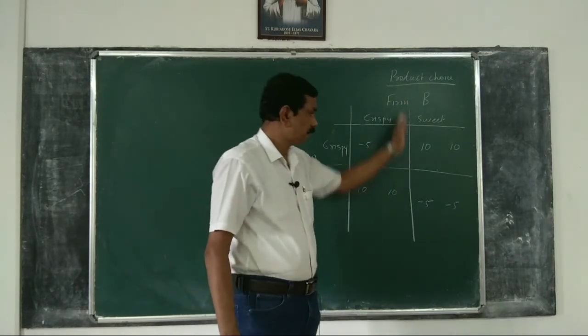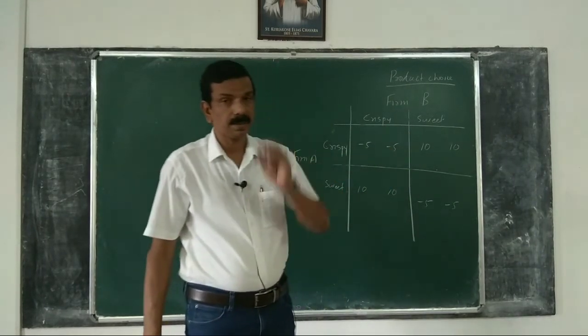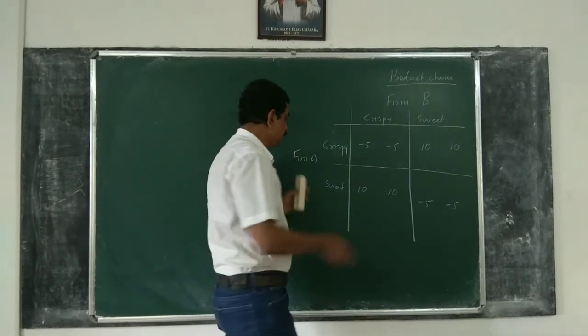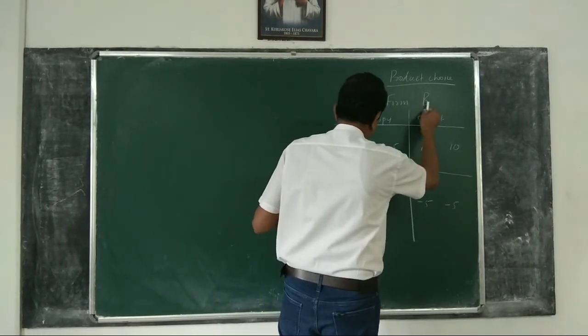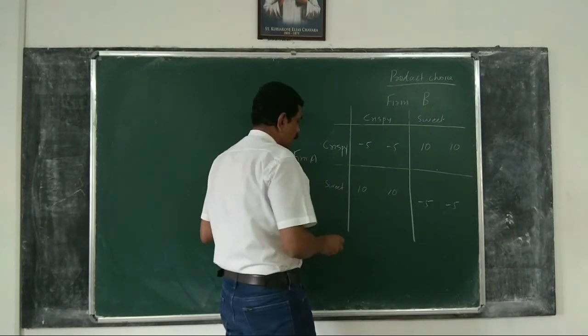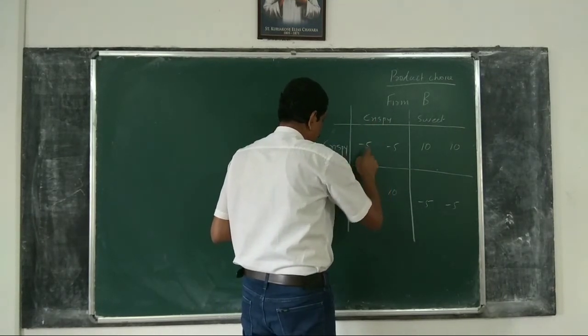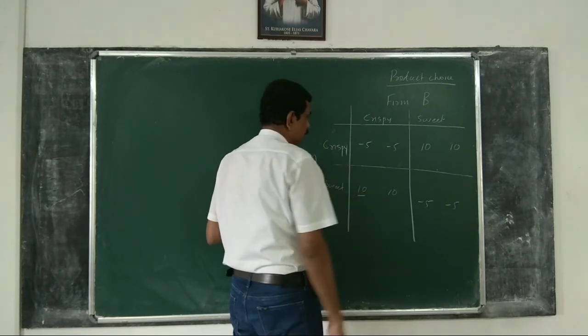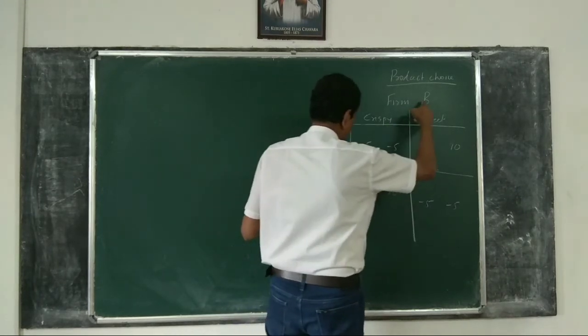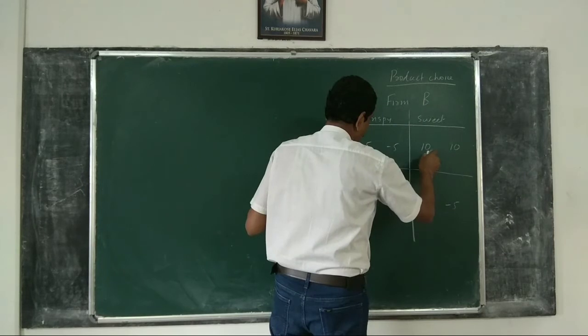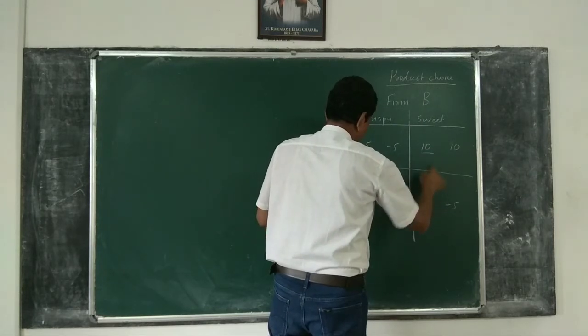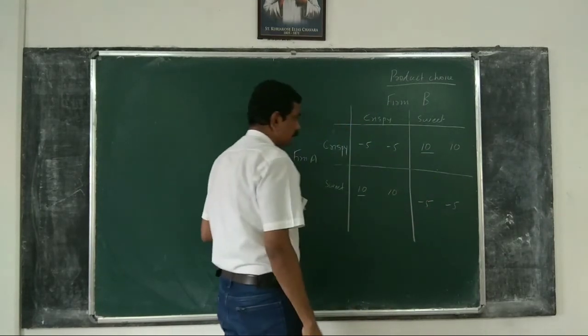Now let us see what is the equilibrium here. If A assumes that B will introduce crispy, then if it introduces crispy -5, otherwise 10. If A assumes that B will introduce sweet, then crispy 10, sweet -5.